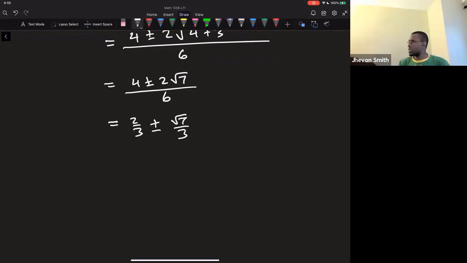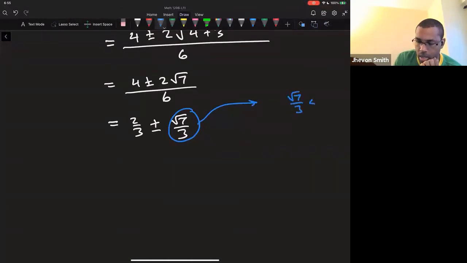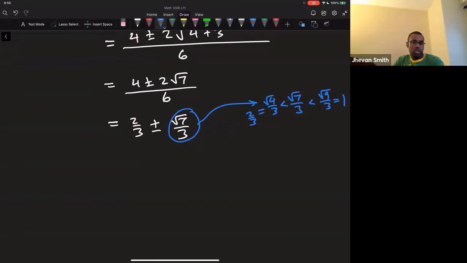Now, radical 7 over 3, notice that it's going to be between rad 9 over 3, which is 1, sorry, and it's going to be bigger than, say, rad 4 over 3, which is 2/3. So this is a number between 2/3 and 1.